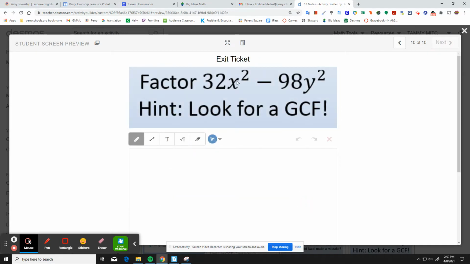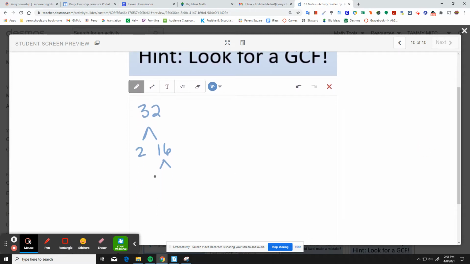All right, so our exit ticket is factor this and look for a GCF. So it has a hint to look for a GCF. So I know that 32 has factors of 2, that's 16. That's 4 and 4.